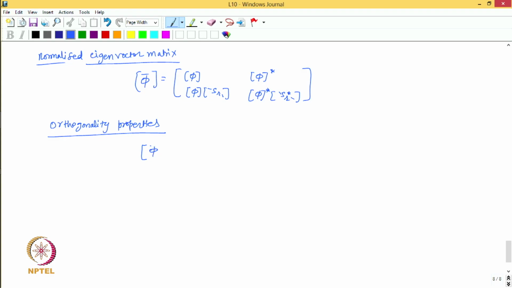So, you can say phi bar transpose matrix A phi bar is going to be now a unity matrix, and phi bar transpose B phi bar is now going to be a matrix of eigenvalues S bar R, because we have seen earlier that minus BR upon AR is equal to SR.